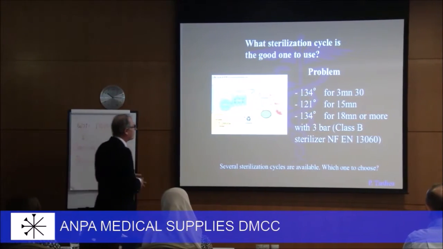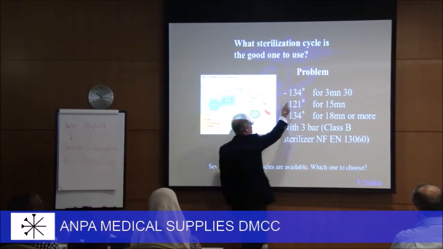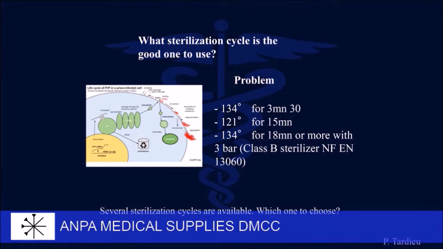You can have a cycle of 134 degrees for 3 minutes and 30 seconds, or what we call the fast one, which is 121 degrees for 15 minutes, or you can have this one, which is 140 degrees for 18 minutes or more, and 3 bar.